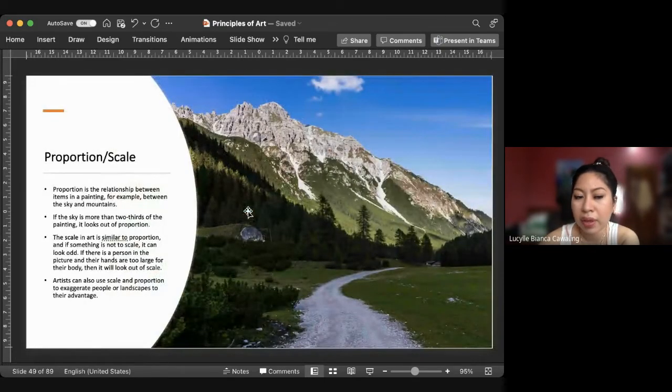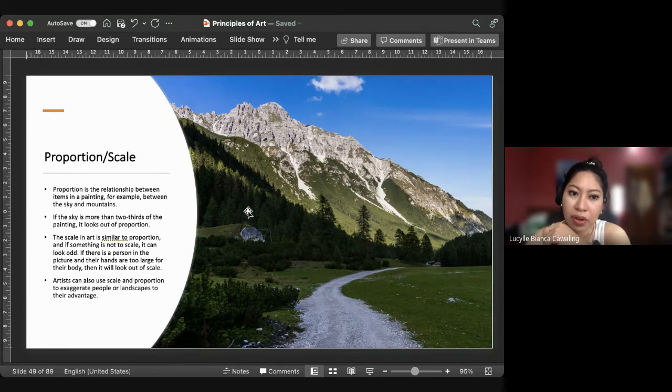And then you also have proportion and scale. So what is the difference between proportion and scale? Proportion is the relationship between the items in a painting, while scale naman is the relationship to the object or within an object.